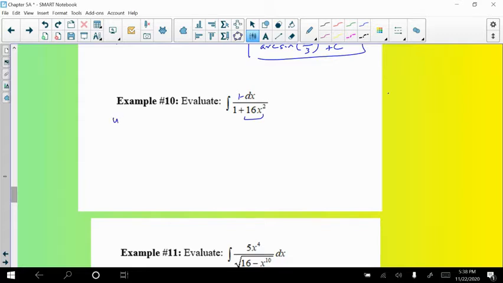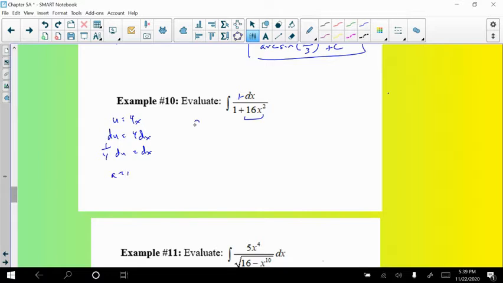So what makes a good u would be 4x, because 4x as a quantity squared would give that 16x squared. So I'm going to let u be my 4x. Its derivative would be 4 dx. Notice I just have a dx, so I need a 1/4 here. And then my a value is 1.